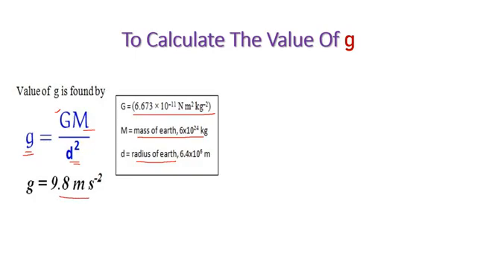So let's do this. Small g is equal to 6.673, and we can just take 6.67, making sure you take 2 digits after the decimal, into 10 to the power minus 11, and M, the mass of the earth, 6 into 10 to the power 24, divided by 6.4 into 10 to the power 6.